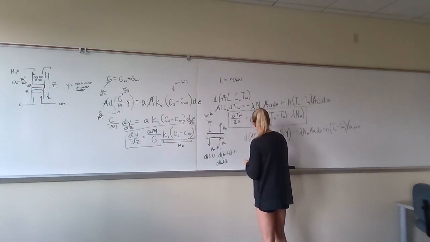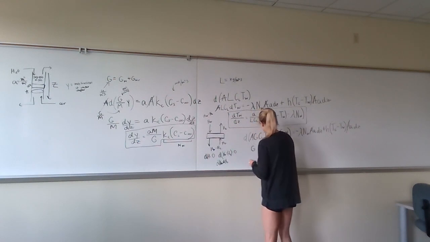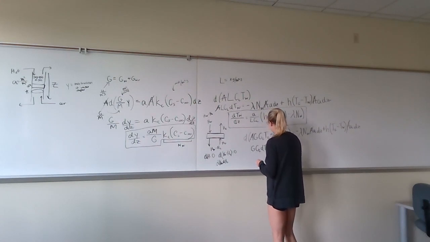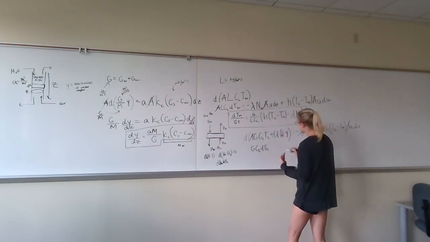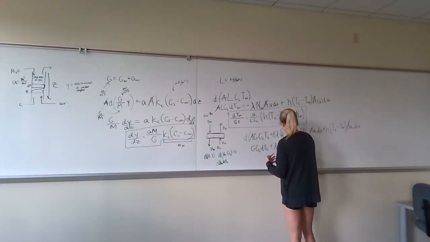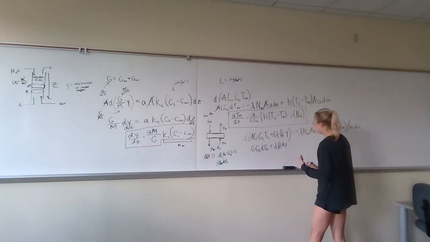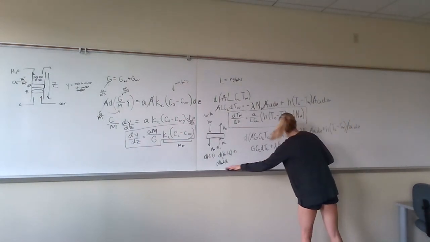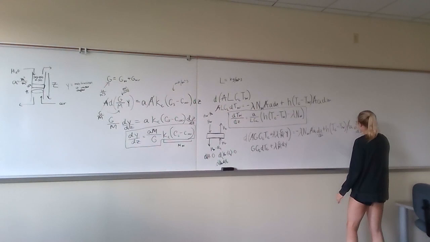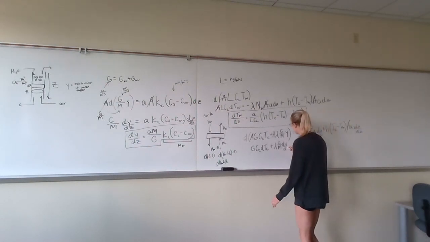So we have the gas flow rate times the heat capacity times the change in temperature of the gas phase plus the heat of vaporization times the gas flow rate divided by molecular weight times the change in mole fraction. I'm also going to divide each side by the change in position in order to get these changes in position.